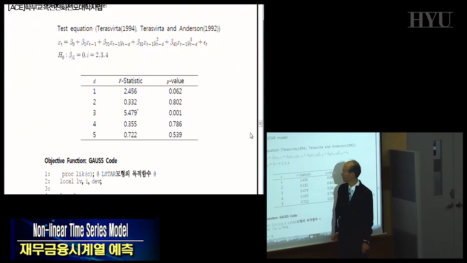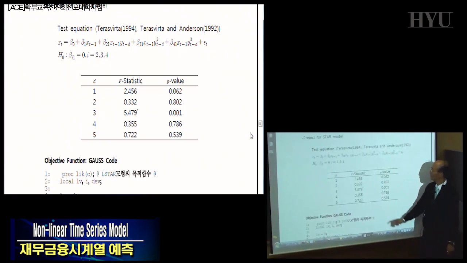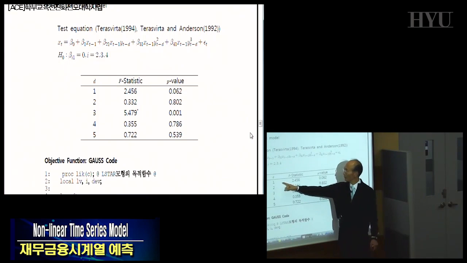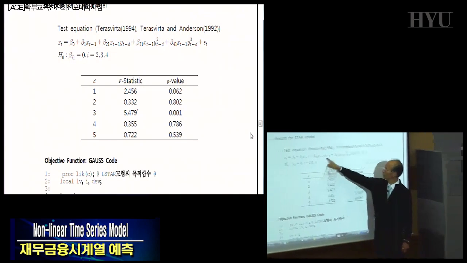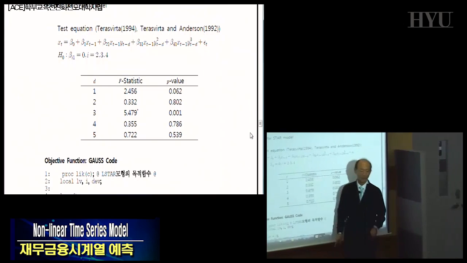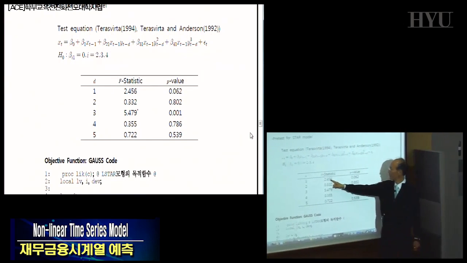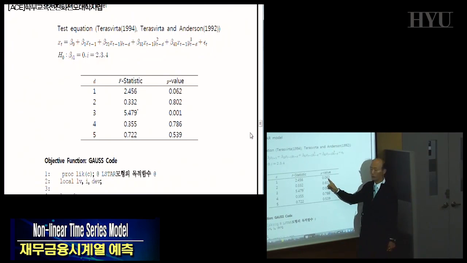Suppose you get this type of result. For the first one, when you set y t minus d as x t minus 1, this is the statistic and the p-value is 6.2%.